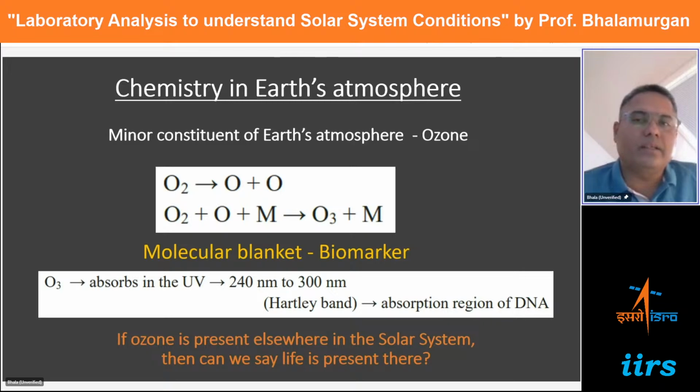You may see that ozone forms only a tiny fraction of Earth's atmospheric components, but it is the molecule which is controlling many factors. So a minor component, a molecule present in small numbers, can have a large influence on a planet's atmospheric evolution and a lot of other factors.